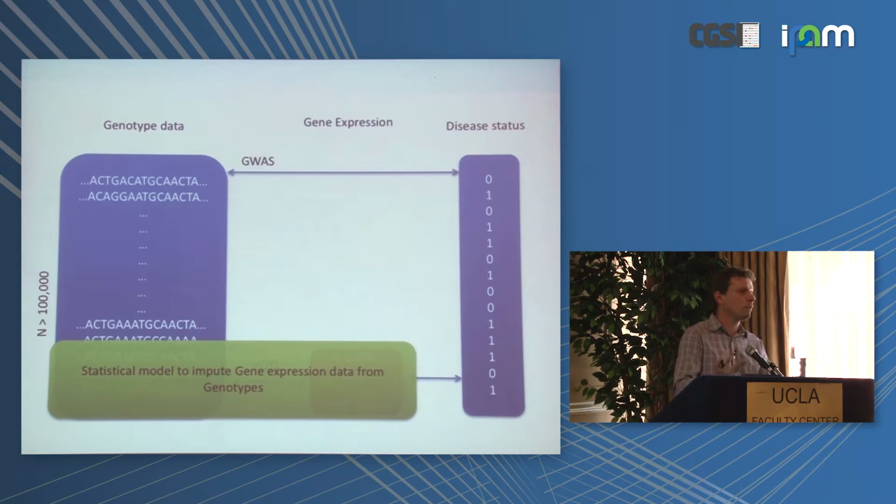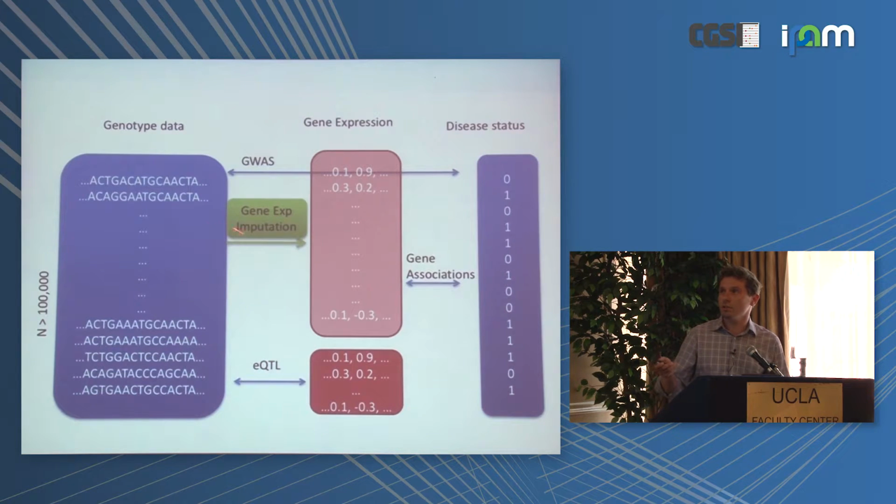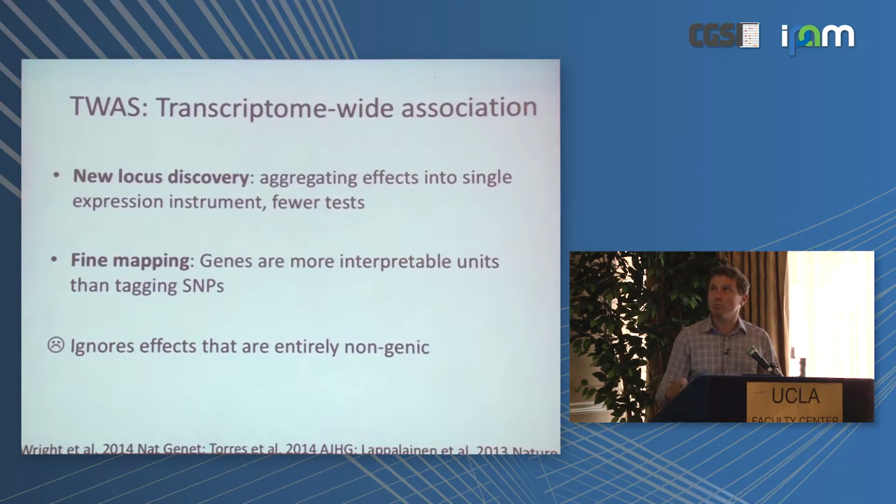So you impute the expression of every gene, which is gene expression imputation. After that, you just take this data and do the genetic association. So now you do association between the transcriptome, or gene expression, and disease status, right? Or what we like to call transcriptome-wide association study.